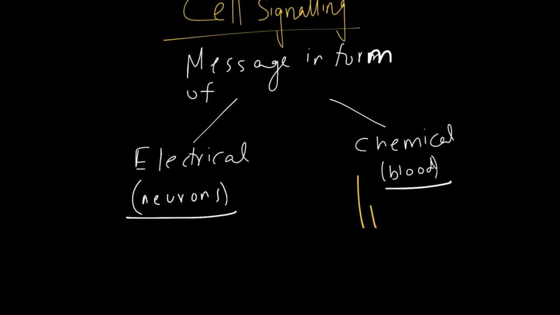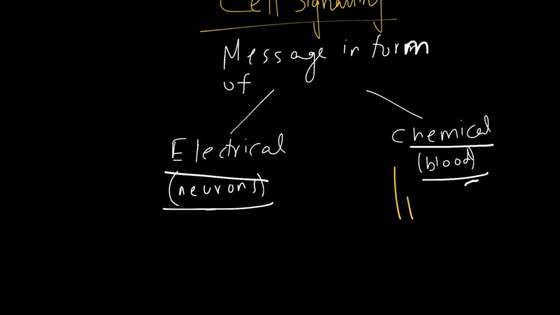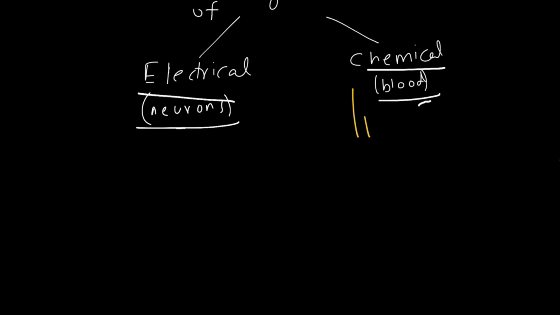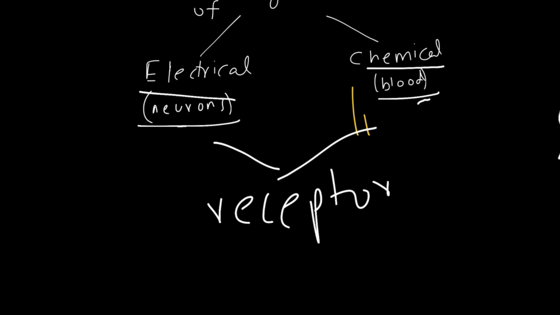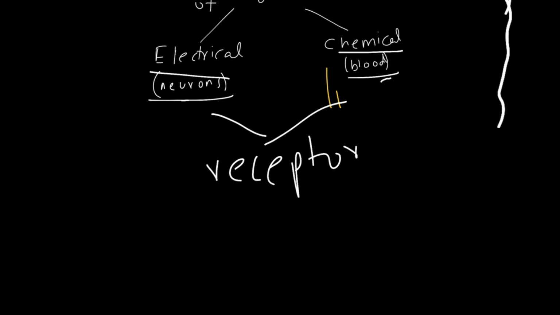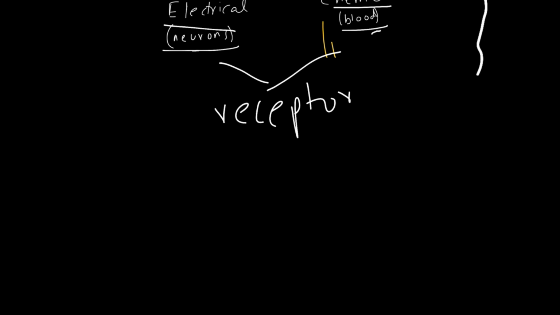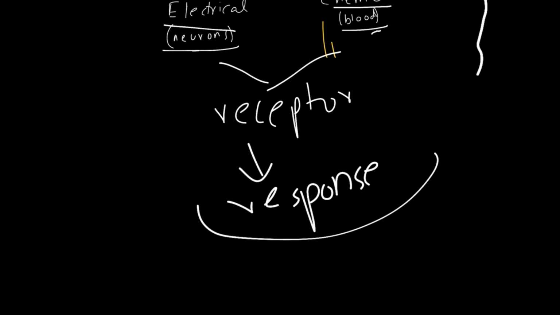It can be in two forms, as I mentioned, electrical and chemical. Electrical is through neurons and chemical is in the blood, right? Both of these transmissions involve a release of a substance which is received by a receptor, and then that receptor on the target cell receives, for example, a specific instruction for a specific response to be generated, and that specific response is all we're looking for, right? That is what cell signaling is.